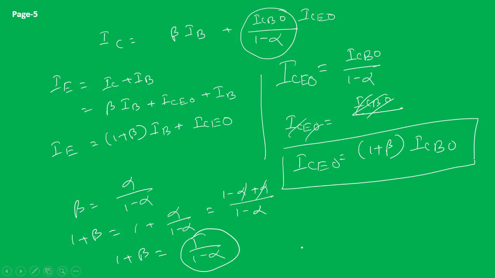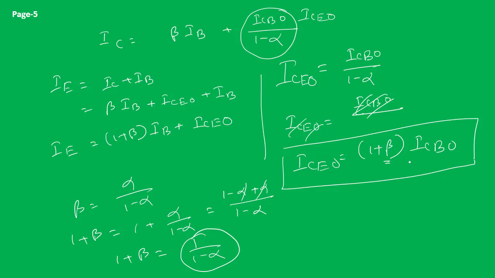ICBO is the leakage current in the common base configuration, and it has a very low value, but beta is quite high in the common emitter configuration. So 1 plus beta means, say, if beta is 20, then 1 plus beta is 21. So ICEO has 21 times more magnitude than ICBO.